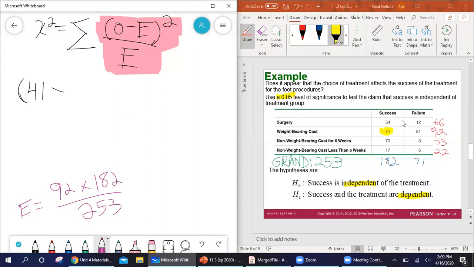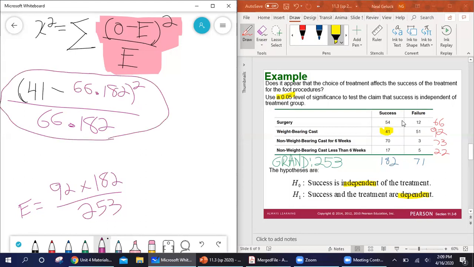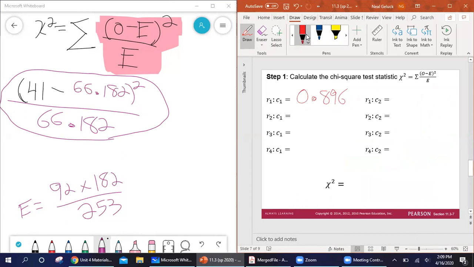That calculates to an expected of about 66.182. That goes in for E, which notice that in the formula, E is in 2 spots. I run all this in my calculator, and this gives me the value that I'm going to use in row 2, column 1, which is about 9.582.